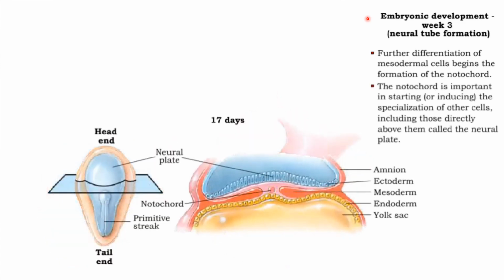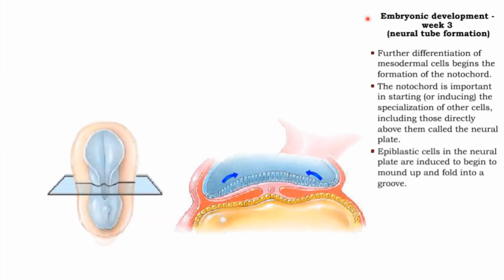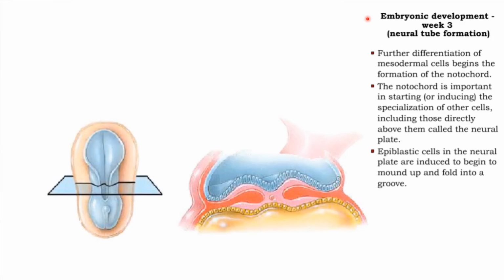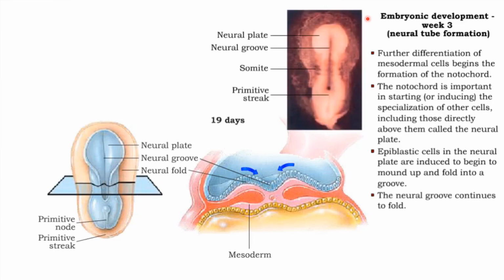The notochord is important in starting or inducing the specialization of other cells, including those directly above them, called the neural plate. Epiblastic cells in the neural plate are induced to begin to mound up and fold into a groove. The neural groove continues to fold.